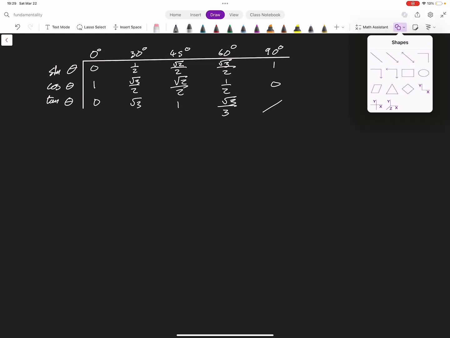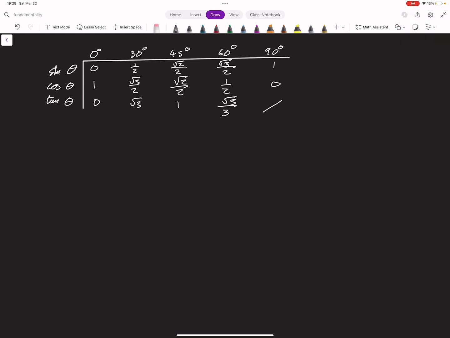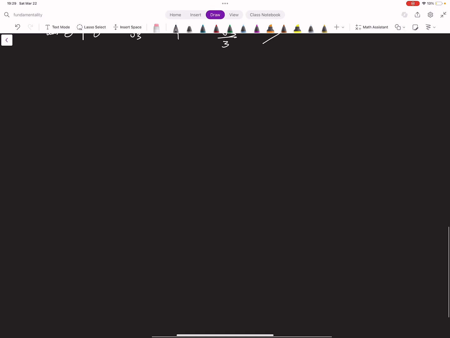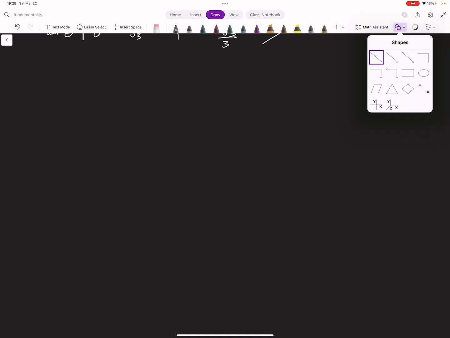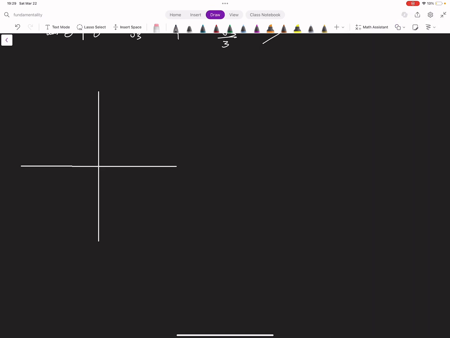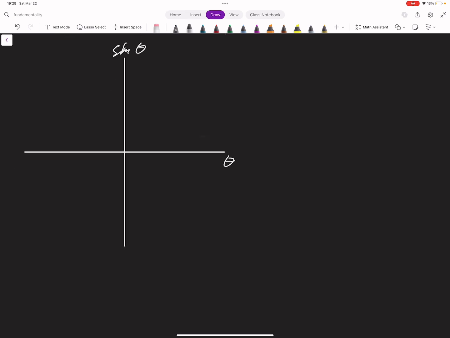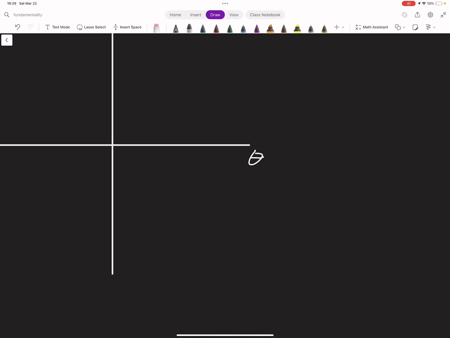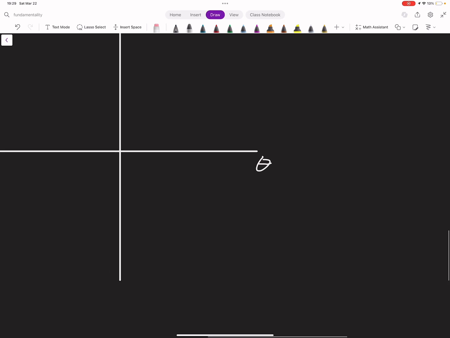Okay. So then let's take sine theta and let's plot that on a graph. So let's say this is theta and this is sine theta. What is the graph of sine theta? So we've just said basically it's gonna grow like this.